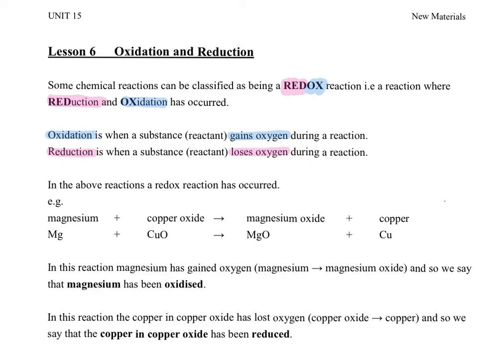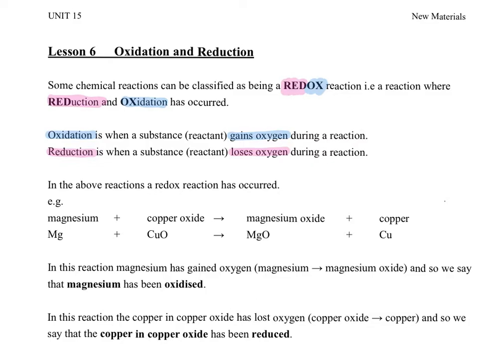You can see from the word equation and the balanced symbol equation underneath that when magnesium reacts with copper oxide, the magnesium steals the oxygen away from the copper oxide and you're left with magnesium oxide and copper. That happens because magnesium is more reactive than copper. It's higher than copper in the reactivity series.